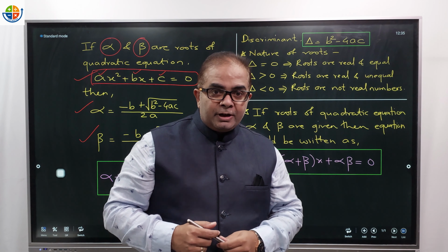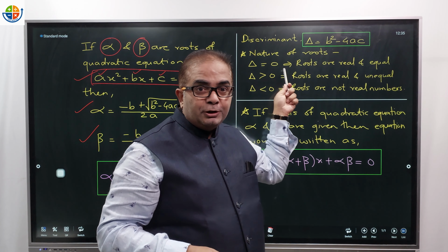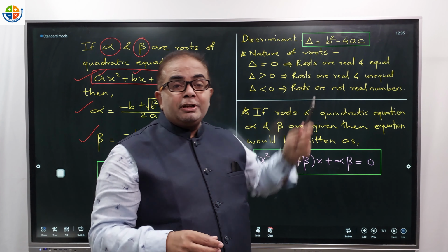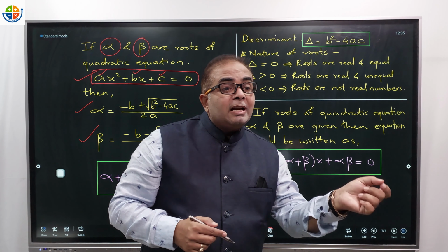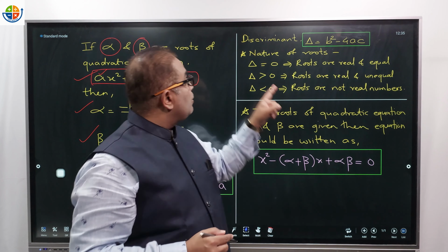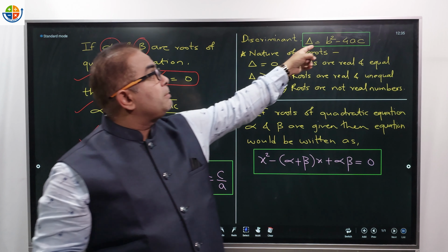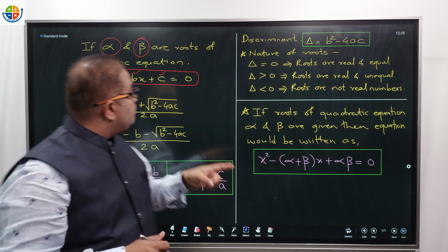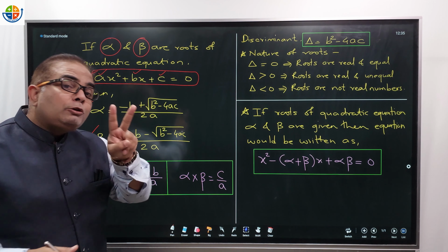Now why? If b square minus 4ac is equal to 0, we put it in the square root, right? So square root of 0 is equal to 0, correct? So the roots are real and equal. Now, if it is greater than 0, let's say b square minus 4ac is equal to pi, then square root of pi, so plus square root of pi, minus square root of pi. So we can get two answers.